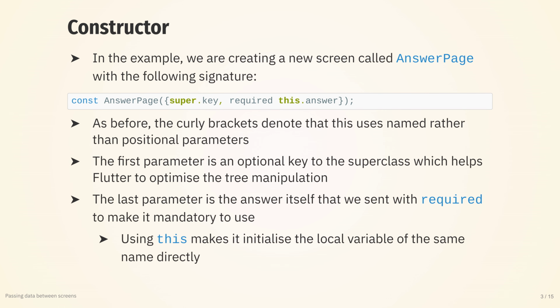So if we have a screen called the answer page, which we'll be looking at in just a few seconds here, then we can create a new constructor with the following signature, answer page, and then the super key just to send the super key up to the superclass, but then also require the answer. In this case, that will be a string.